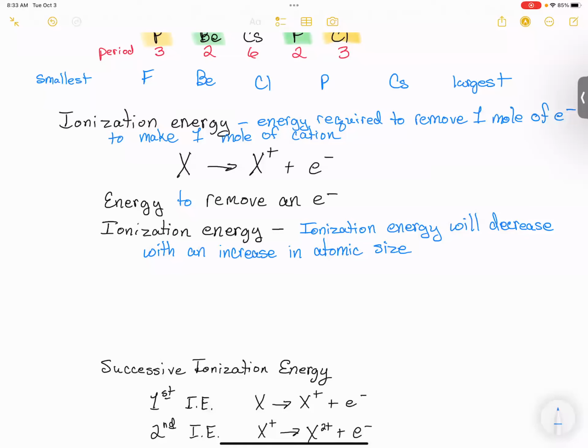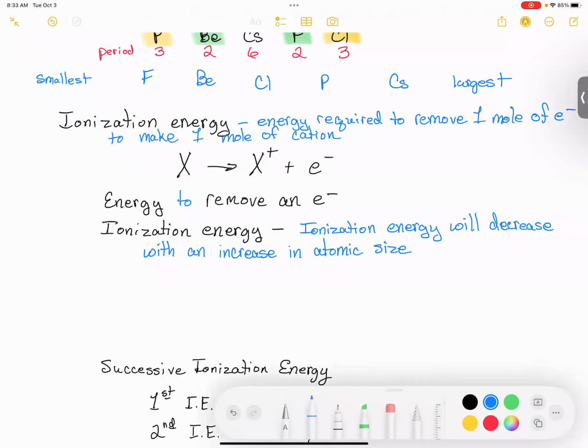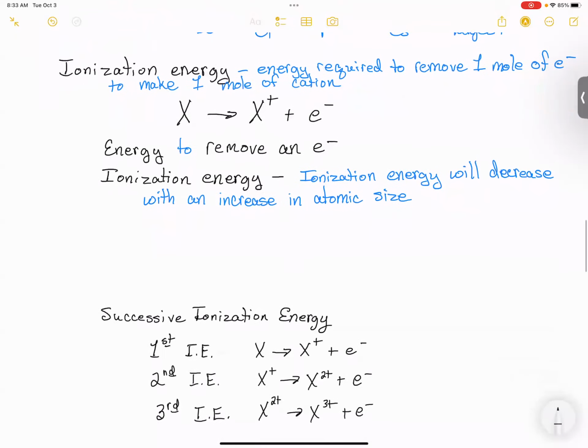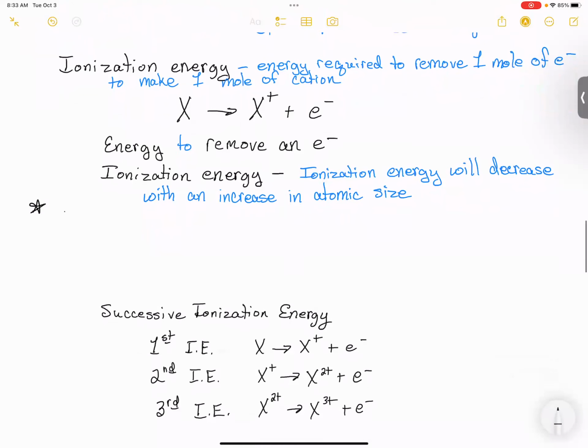Questions about ionization energy. So what would a question look like on a test? Place the following atoms in order of decreasing ionization energy.